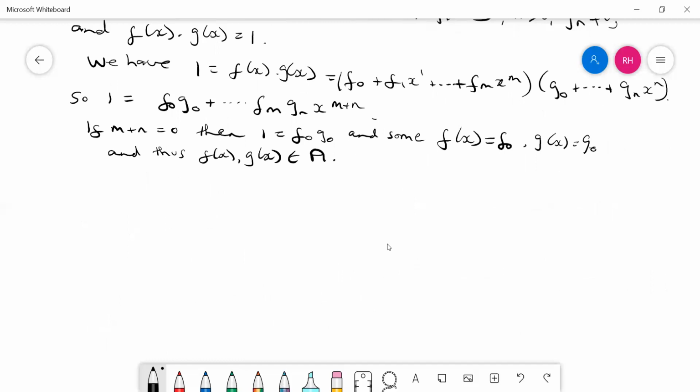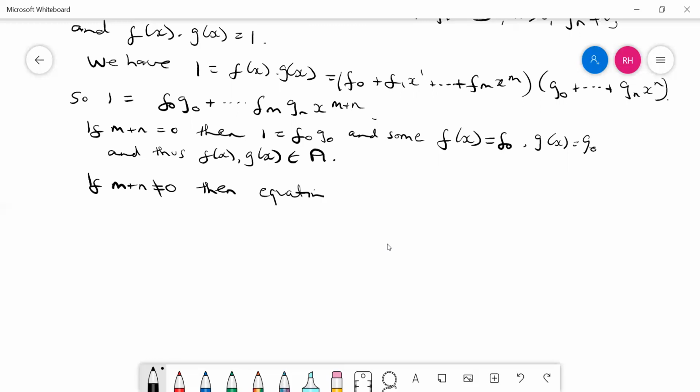So that's the case where m plus n equals 0. Now if m plus n is not equal to 0, so this is proof by cases, we're going through the two cases, only two cases.